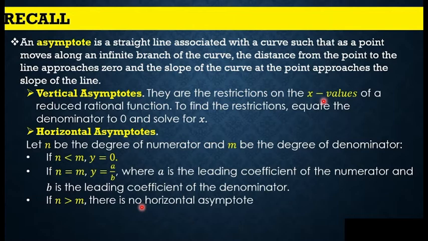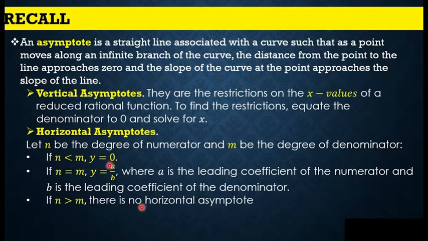For the horizontal asymptotes, meron tayong mga condition dito. Let n be the degree of the numerator and m the degree of the denominator. If n is less than m, y is equal to 0.